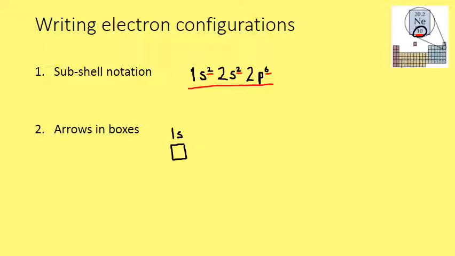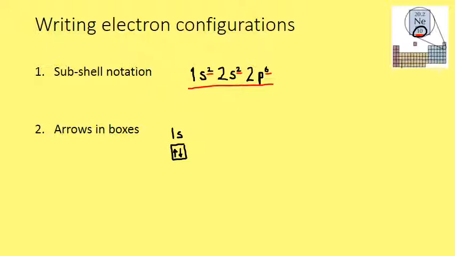And we draw the electrons as arrows, and the left-hand arrow points up, and the right-hand arrow for the second electron points down. And the reason why we have 1 electron pointing up and 1 electron pointing down is that for 2 electrons to occupy an orbital, they need to be of opposite spin.